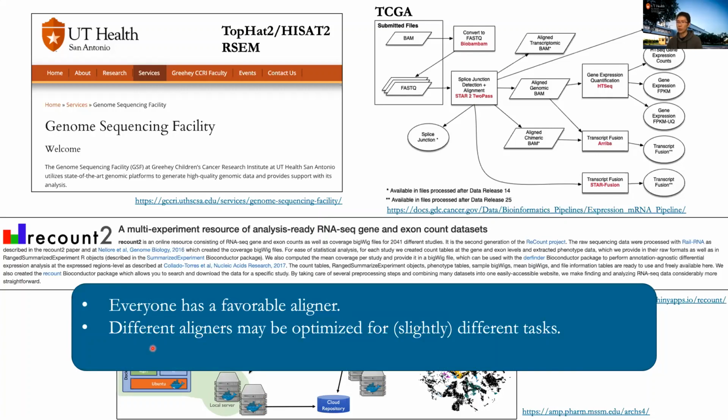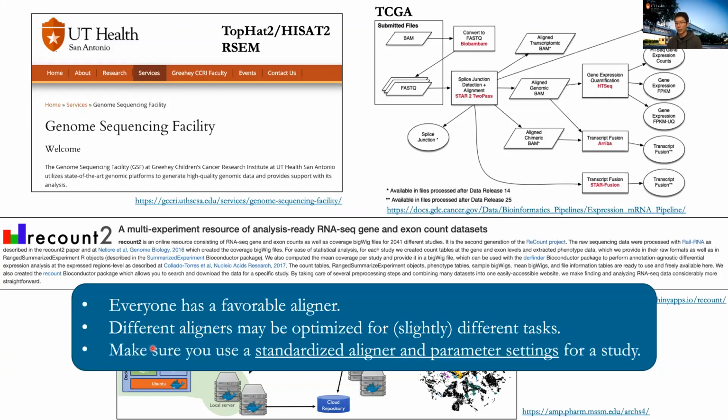It really depends on whether you are doing mutation calling or you simply want to quantify gene expression. Different aligners can have different strengths in different tests. The key note you need to keep is that for each project, each paper you're writing or preparing data for, make sure you use a standardized aligner.